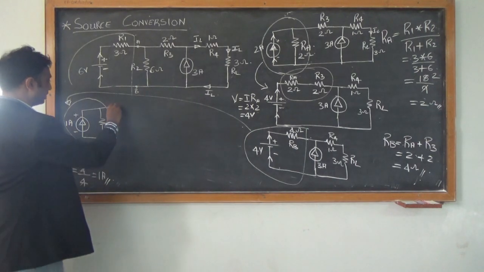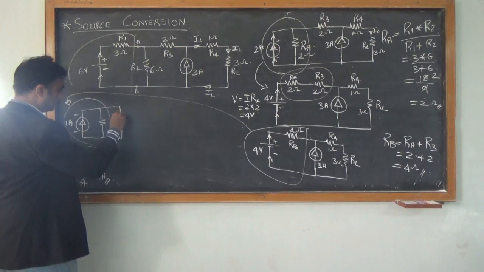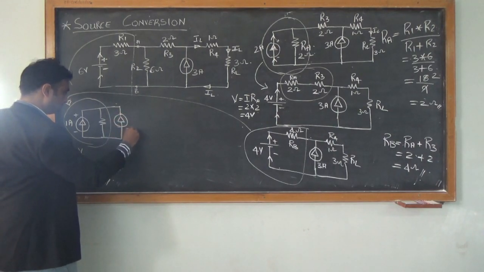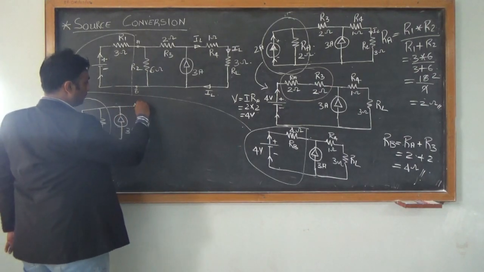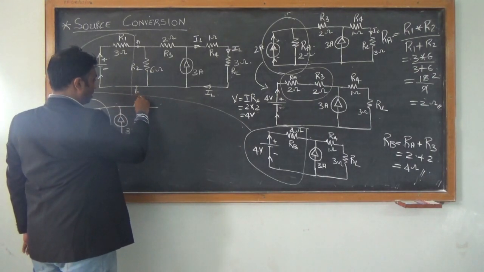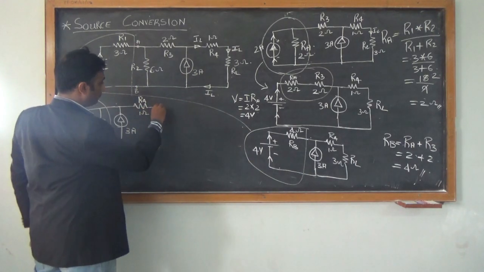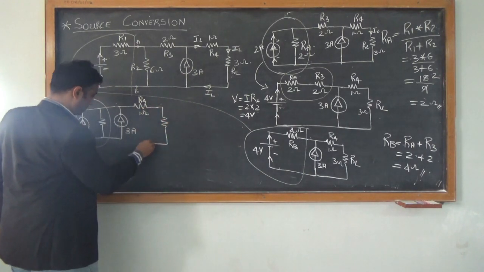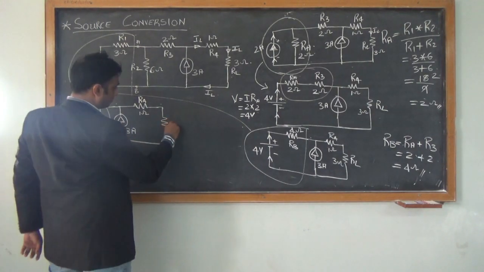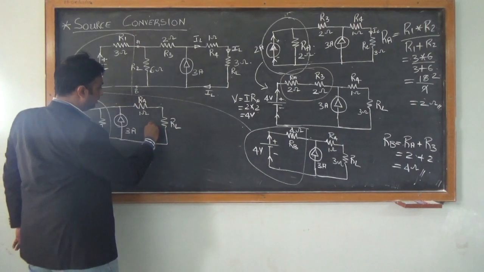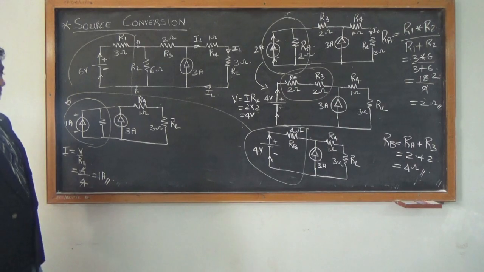Rest of the circuit remains the same. So I have my 3 amps current source here, and I have my R4, which is 1 ohm, and my RL, which is equal to 3 ohms.